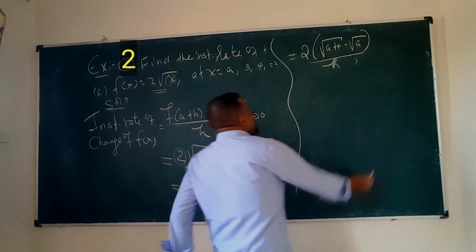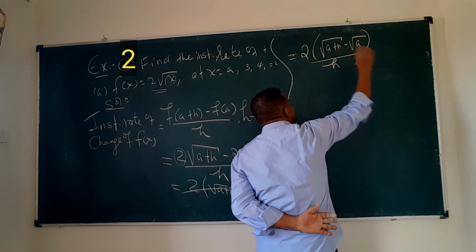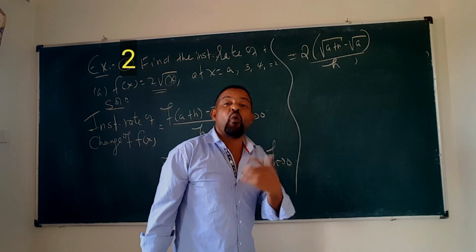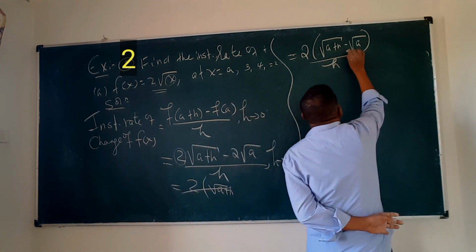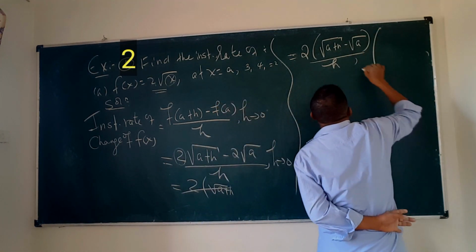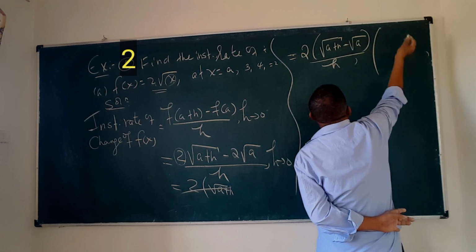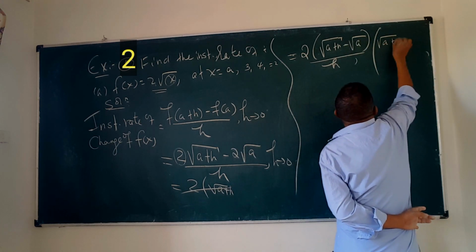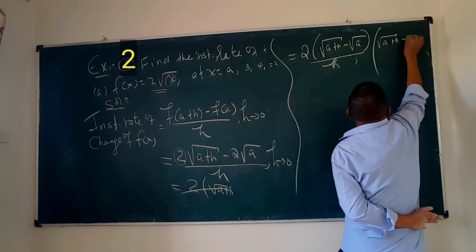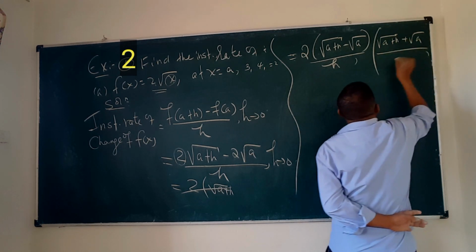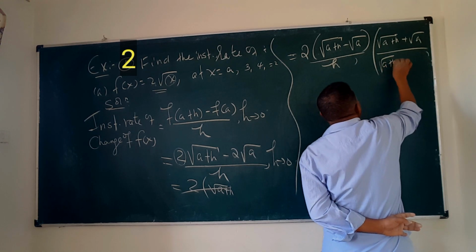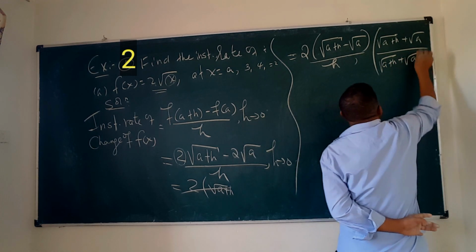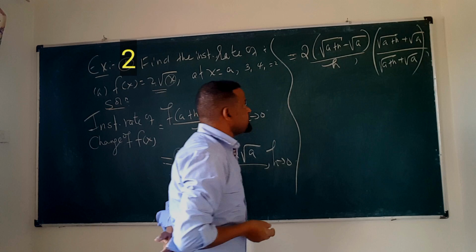So to make this irrational number rational, we use the rationalizing factor 1, alright? So what is the rationalizing factor? If it is subtraction, we multiply by addition; if it is addition, we multiply by subtraction. Go and watch the grade 9 video. Radical of a plus h plus radical of a, over radical of a plus h plus radical of a. That is the rationalization.